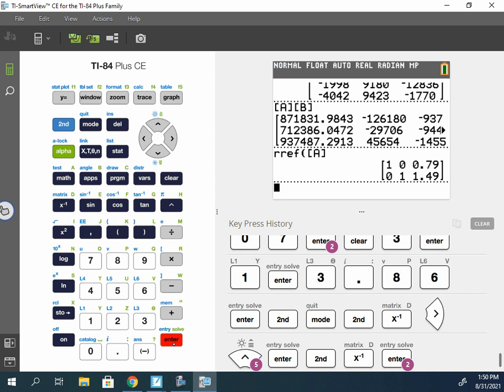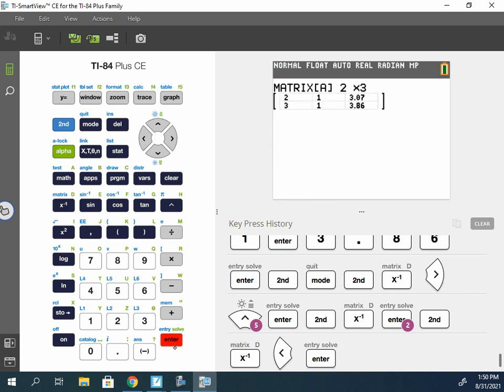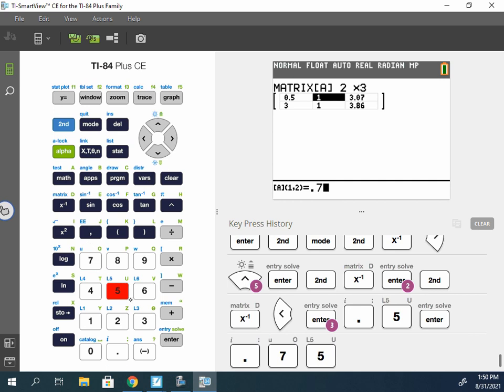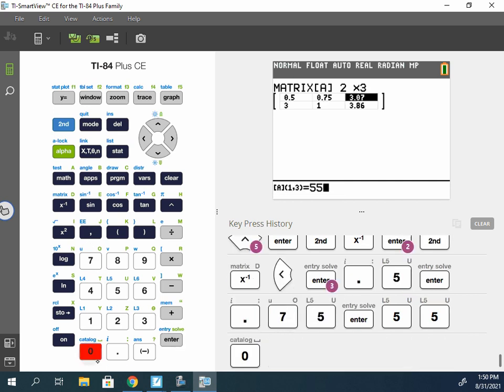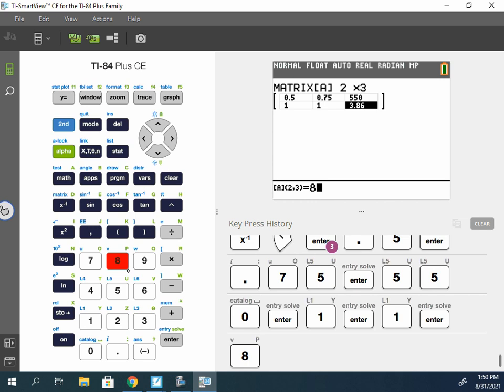Well, number 2 and 3, we can do the exact same thing on them, can't we? Yeah, so we could go second matrix, edit matrix A, 2 by 3, and say 0.5, 0.75, and then 550, 1, 1, 800.